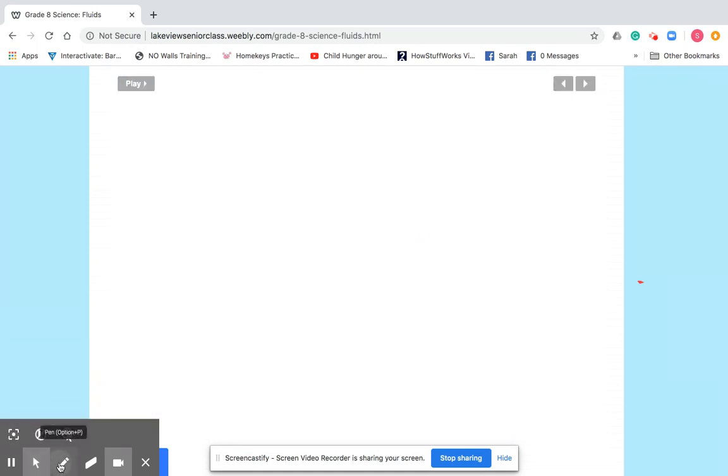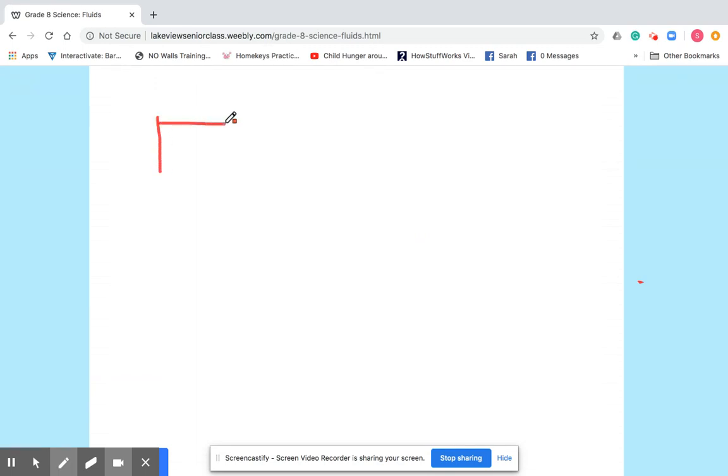Okay, so if we were thinking of volume as the amount of space, and I have a small space like this, and I have particles within that space. And then if I had the same amount of space taken up, the same amount of volume, let's pretend that those are very similar, but I'm going to add in more stuff.